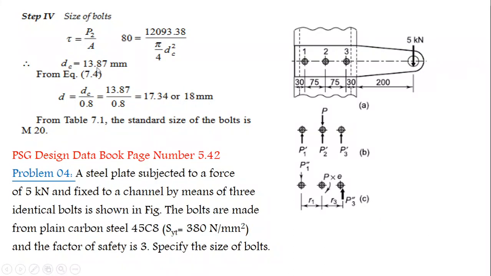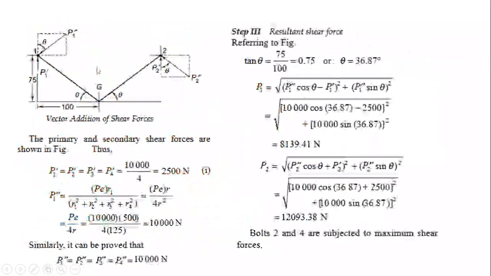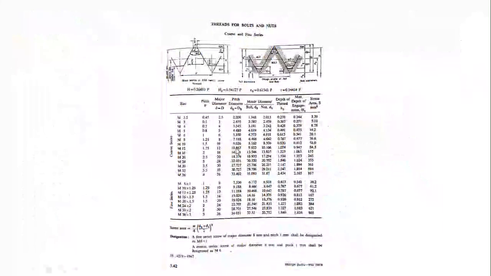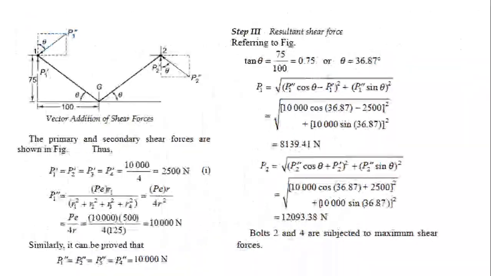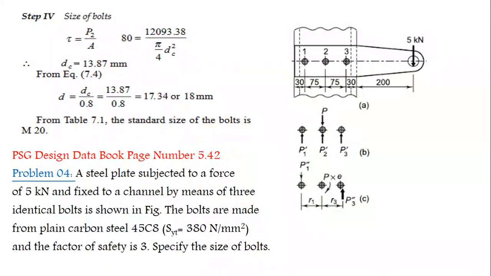You can find 13.87, where is the minor diameter? 13.87, 13.546, so we go to the next value, 16.933. So the standard bolt size is M20. You can see the PSG design data book, page number 5.42.